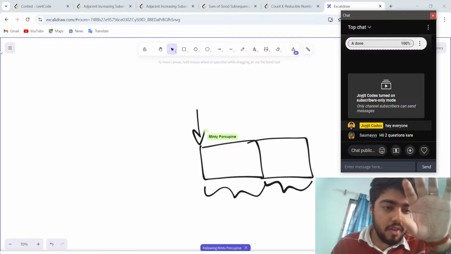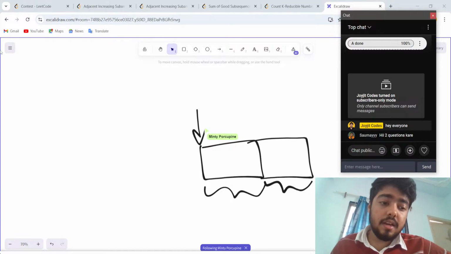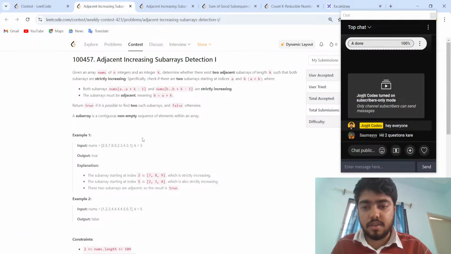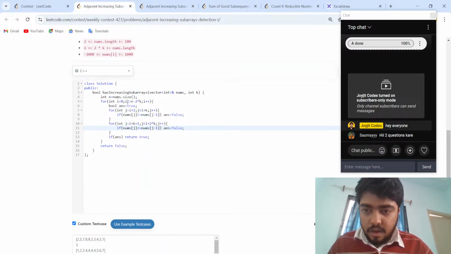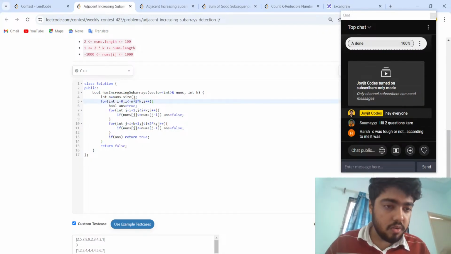For that specific position we check whether the next k elements are strictly increasing and the next to next k elements are strictly increasing or not. If yes, then we can say that it's a yes. Quickly, I'll go through the code. I'm going to n minus 2 into k because we are going to check for the next 2k elements, right? So we don't need to traverse through the whole thing.